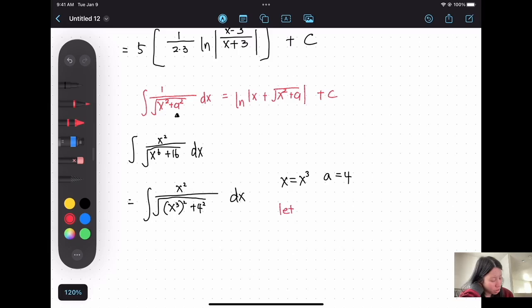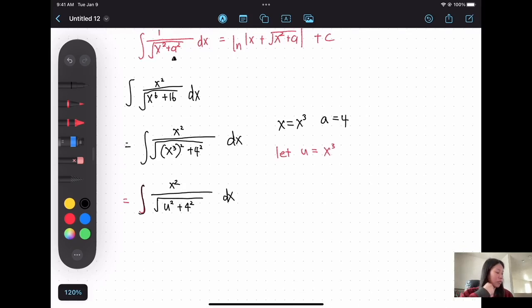So now let u equal x cubed. When I rewrite the function, I will have x squared over the square root of u squared plus 4 squared, dx.